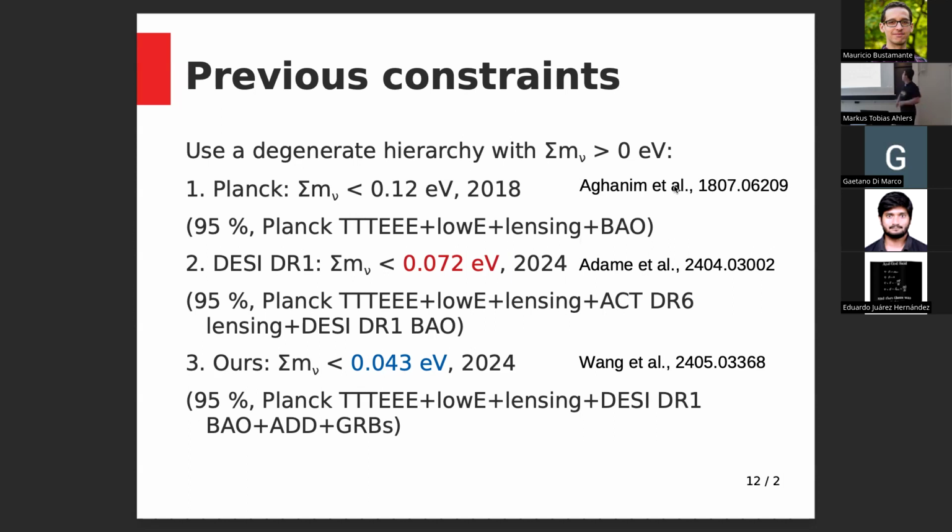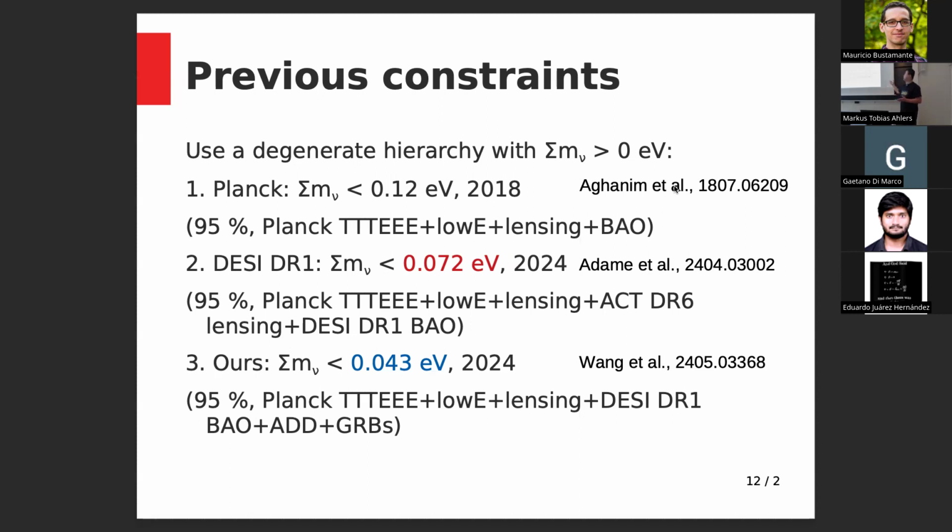Also last year, at the same time, we used an alternative background approach, angular diameter distance and GRB, and gave a tighter constraint on neutrino mass. The 2 sigma upper limit is 0.043 eV.